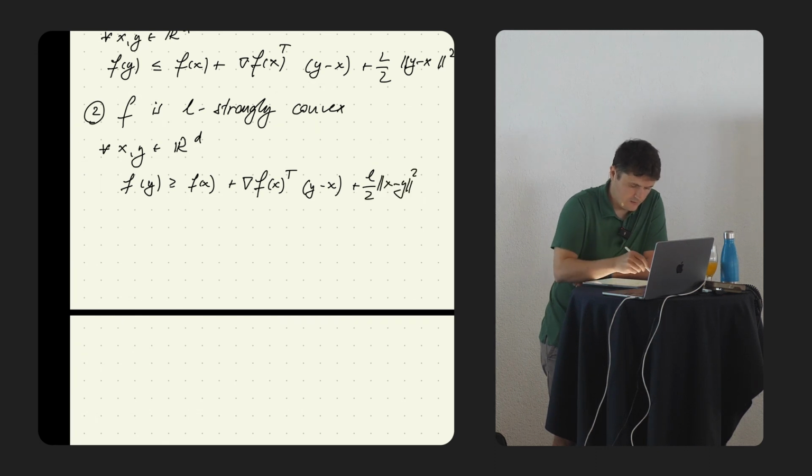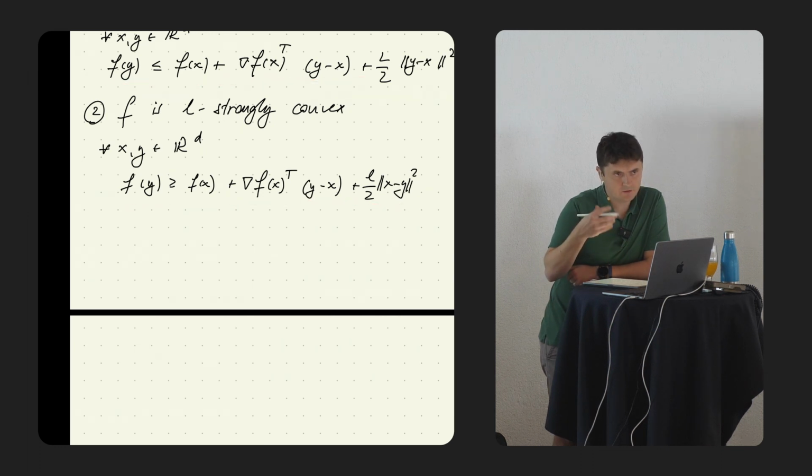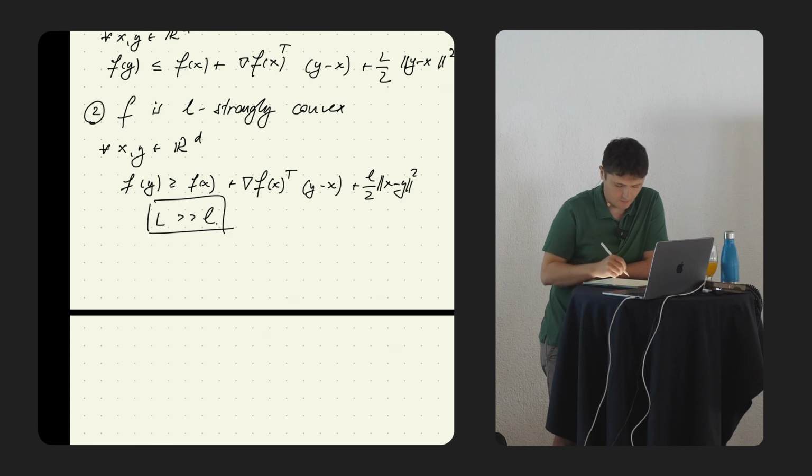So this is the same thing as before, but in reverse. We want to say the difference between the function and its linear approximation should always be lower bounded by a quadratic with this parameter l. One intuition here is that capital L is always greater than or equal to small l.